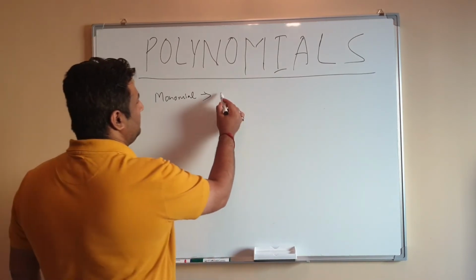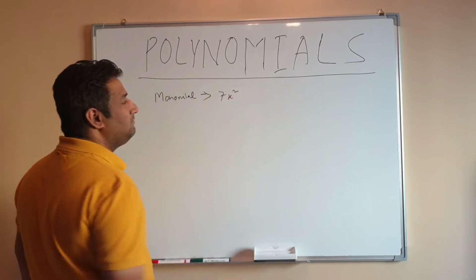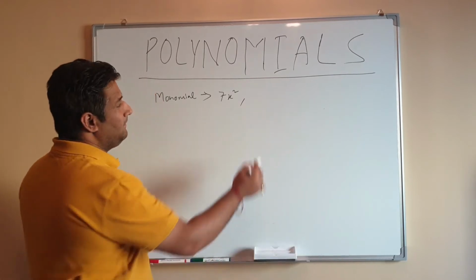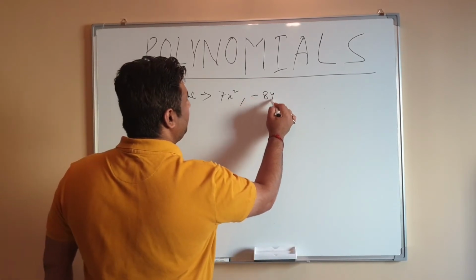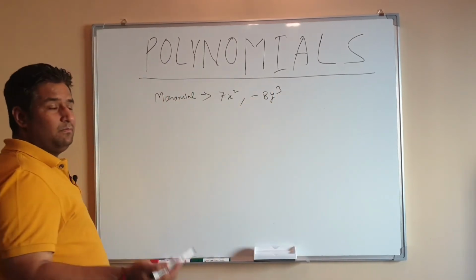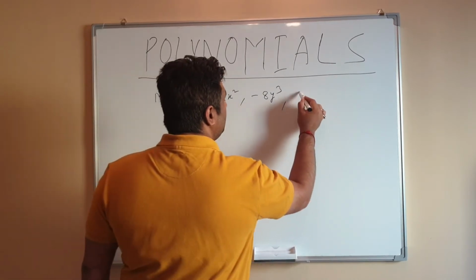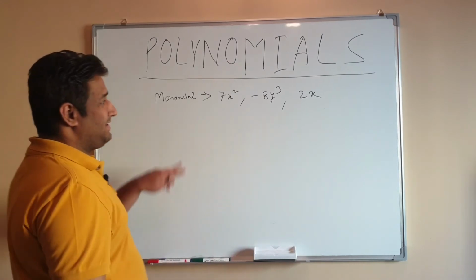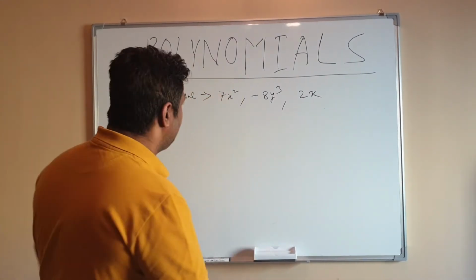For example, 7x square is an example of monomial. Minus 8y cube, again this is an example of monomial. 2x is an example of monomial. Why? Because it has only one term.